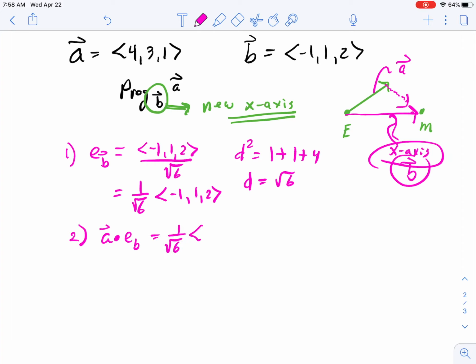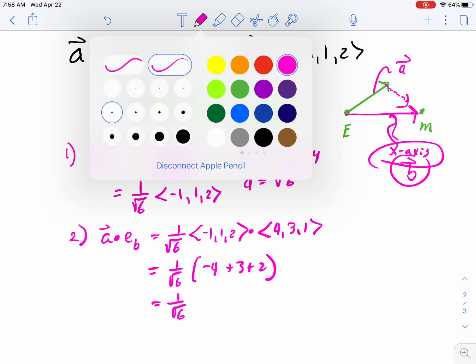So 1 over root 6, -1, 1, 2, dot it with 4, 3, 1. So I have 1 over root 6, and what I have now is -4 plus 3 plus 2. What's that? 1, so I have 1 over root 6. Okay, so that's my magnitude.